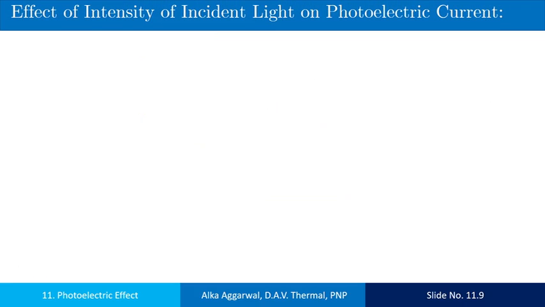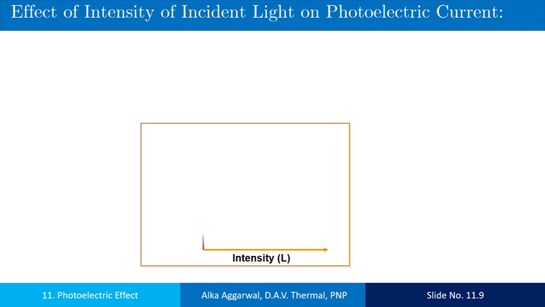Now the effect of the intensity of the incident light on the photoelectric current. It is observed that when light radiation of fixed frequency is incident on a cathode, the photoelectric current is produced.